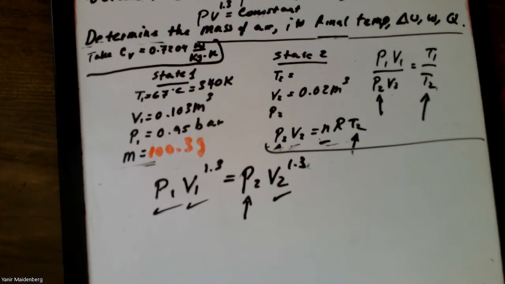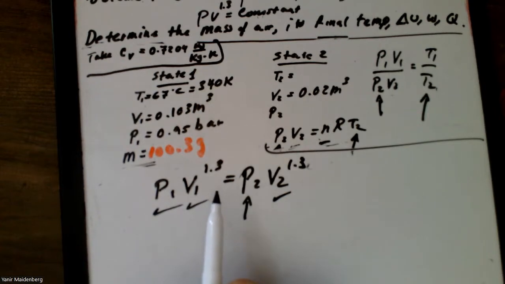You don't have to have the same system of units. You don't have to be SI or anything like that. If this pressure is in PSI and this pressure is in PSI, that's fine because they cancel out. They don't have any bearing on the volume. So you can mix any two units as long as the two pressures are the same units and the two volumes are the same units. So that's the only caveat here.